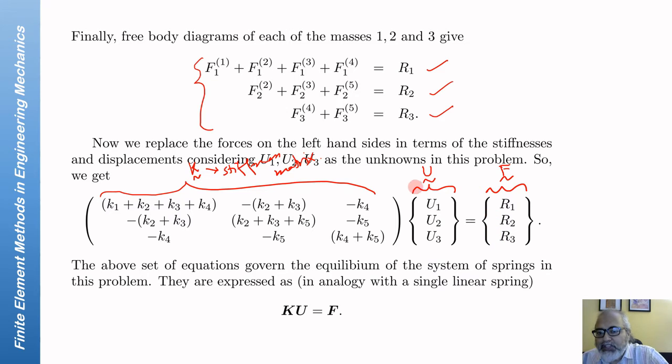It is also possible that you know U1, R2, and R3. That's what you have applied. In that case, also with a little bit of effort, you can get U2, U3, and R1 from these equations. So these equations give you your answers to any combination of generalized displacements and any combination of generalized external loads.